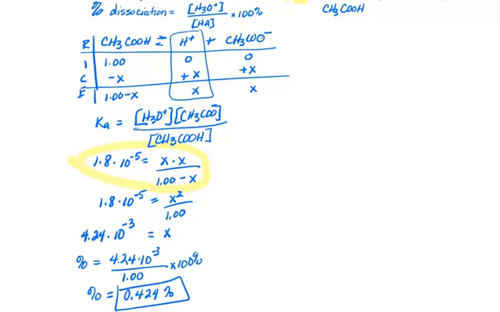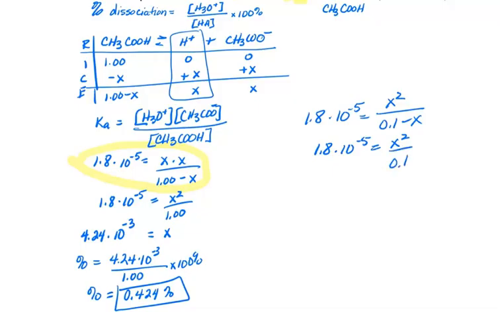So 1.8 times 10 to the negative 5 equals x squared over 0.1 minus x. Same as before, the 5% rule is going to apply, but I would go ahead and write it that way and then apply your rule.